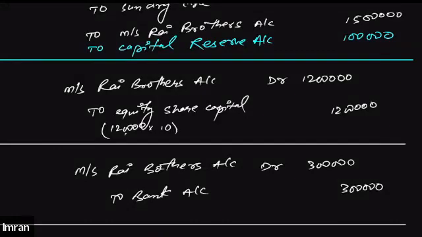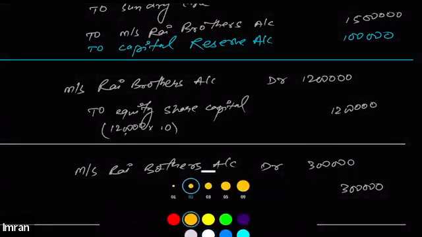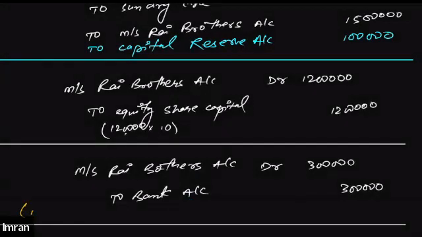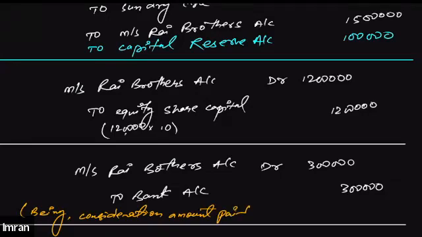Narration will be, for the last one, you can simply write down being payment made by way of check, being consideration amount paid through check.